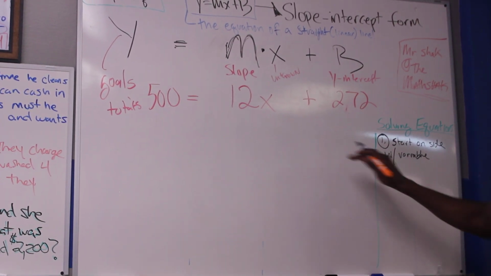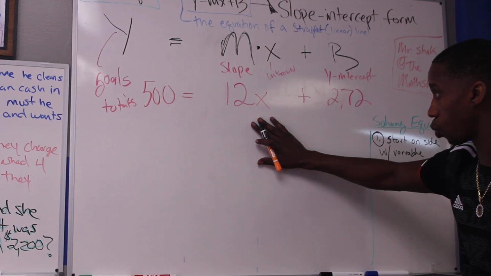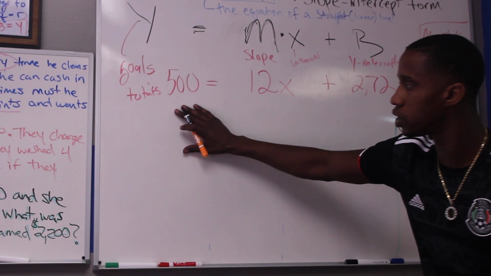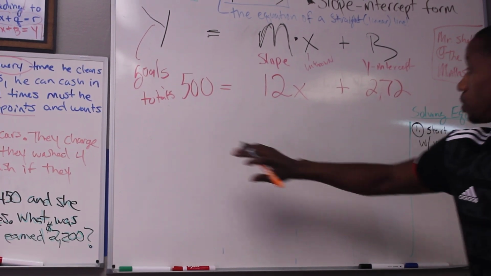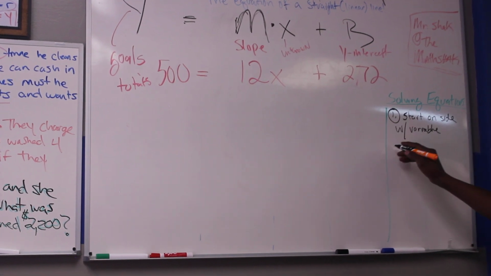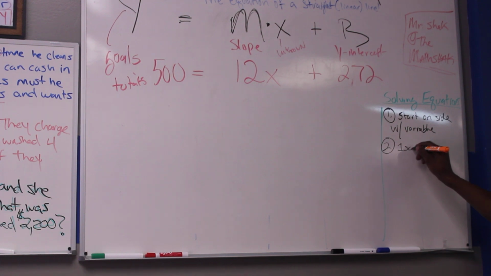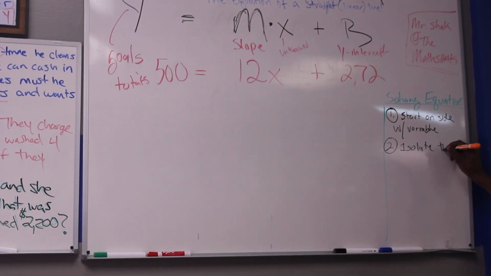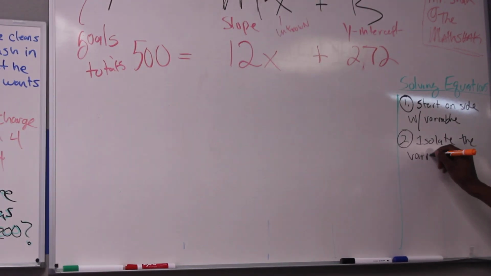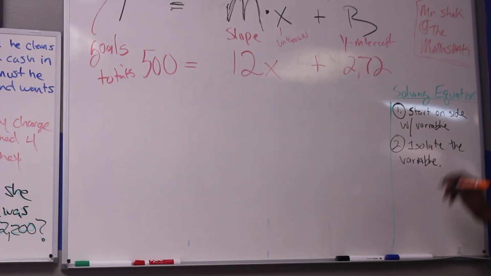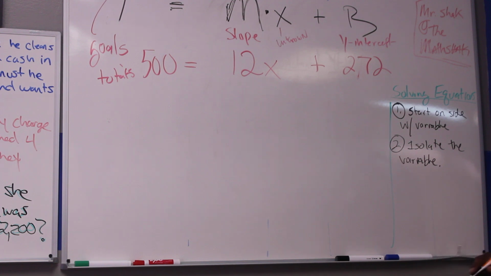Once I locate the side I want to work with, I don't want to do anything to 500, because 500 is minding his own business. I need to get x by itself. So the second step, one of the most important steps, is to isolate the variable. Once we isolate the variable, things get way easier.